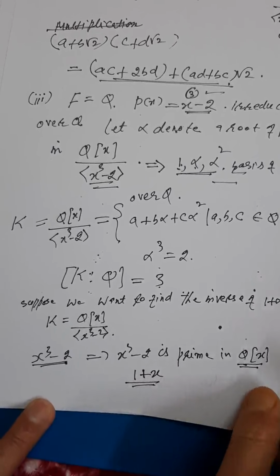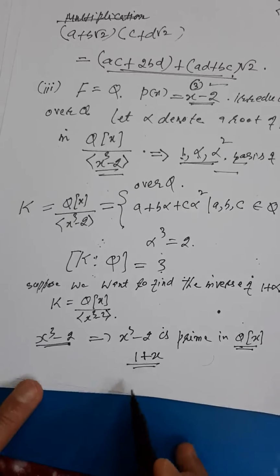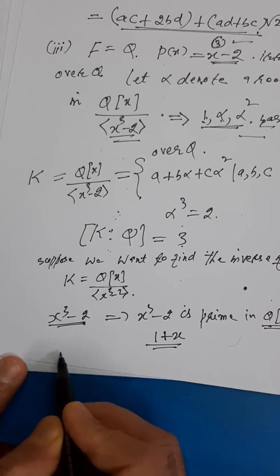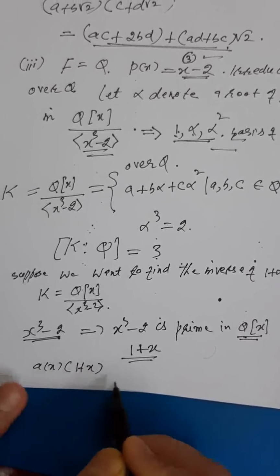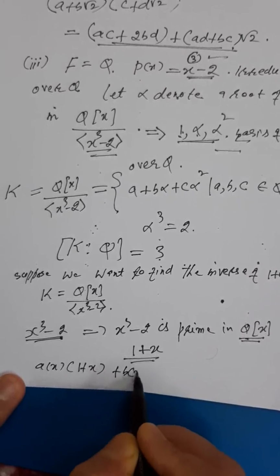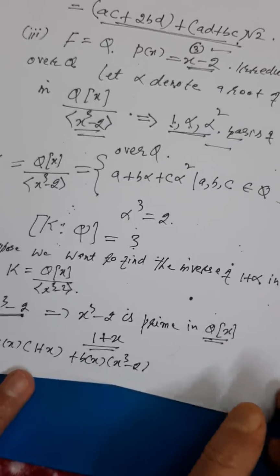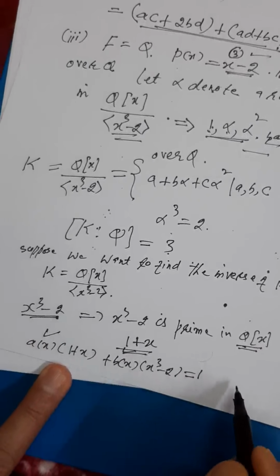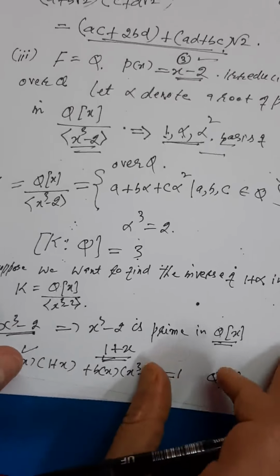We know that when two elements in an integral domain are relatively prime, some linear combination of them is 1 for a suitable choice of elements. This means a(x)(1 + x) + b(x)(x³ − 2) = 1, where a(x) and b(x) are some polynomials belonging to Q[x].